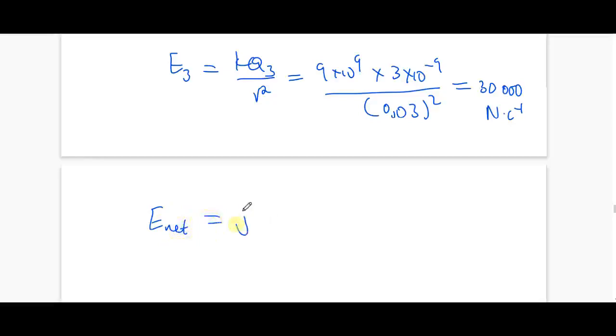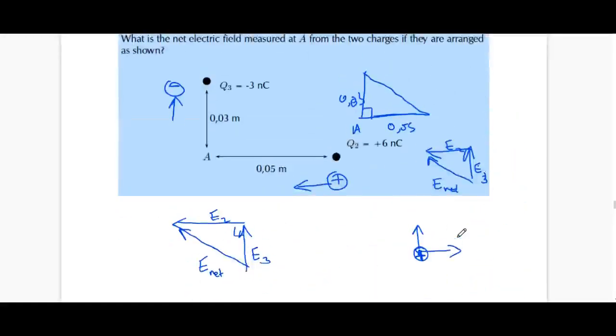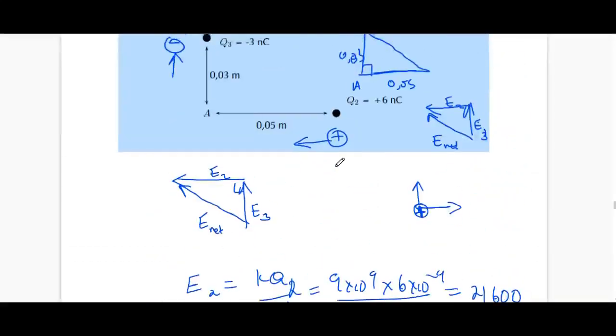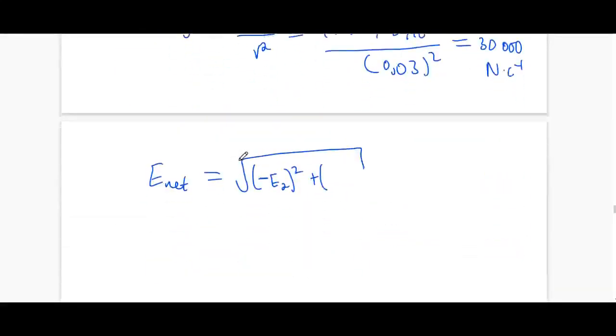Now E net is the square root of the following. Here I chose to the right as positive, and E2 goes to the left, so minus E2 all squared, plus this one goes up, so E3 is positive, E3 all squared.